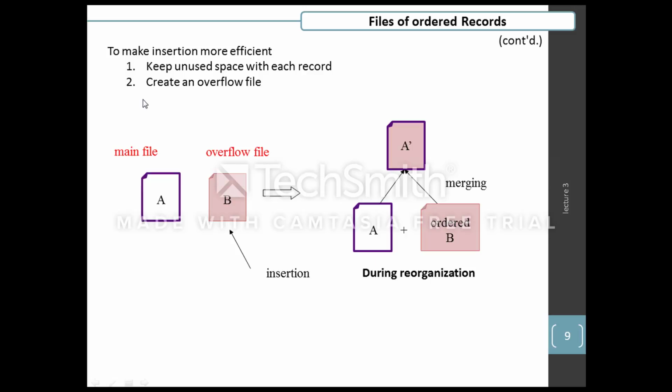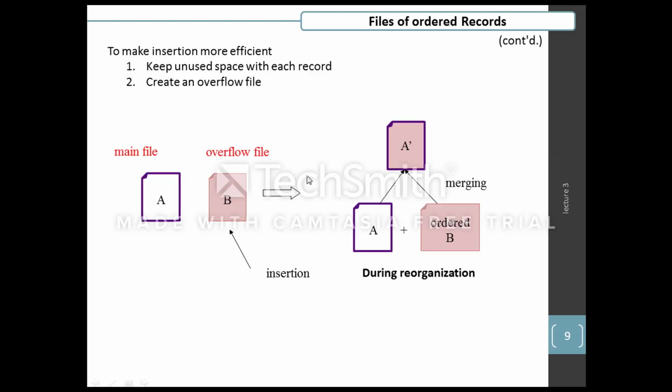We create a new file, called the overflow file. A new record will be inserted at the end of the overflow file rather than at the correct position in the main file.